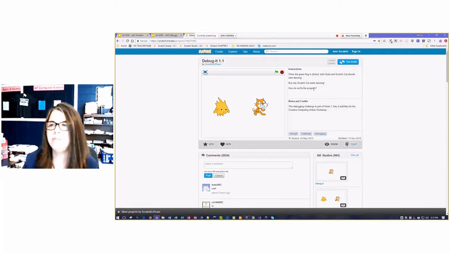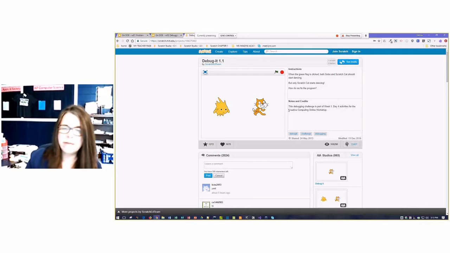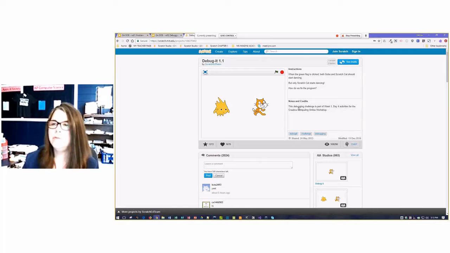So how do we fix the programming? This is part of the creative computing workshop. I like to use this for camps or for teaching at the library, or teaching very young kids or kids who have never been on the computer. This is a great resource, available through Scratch Ed.